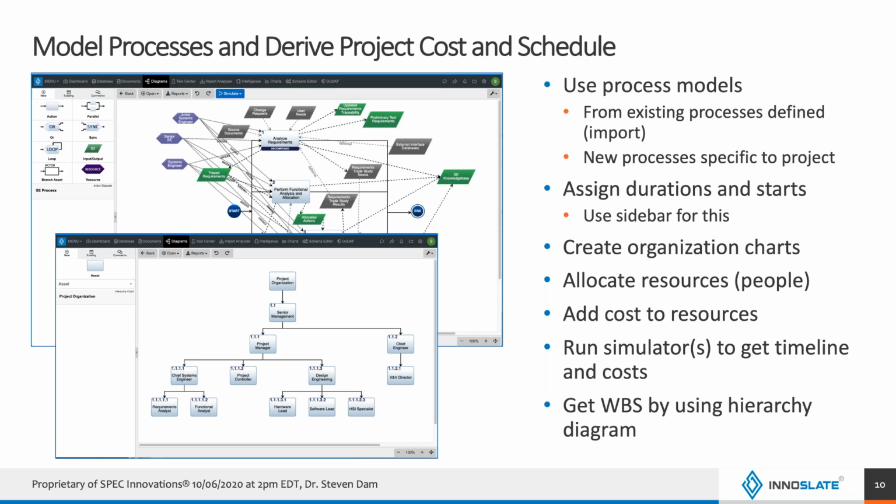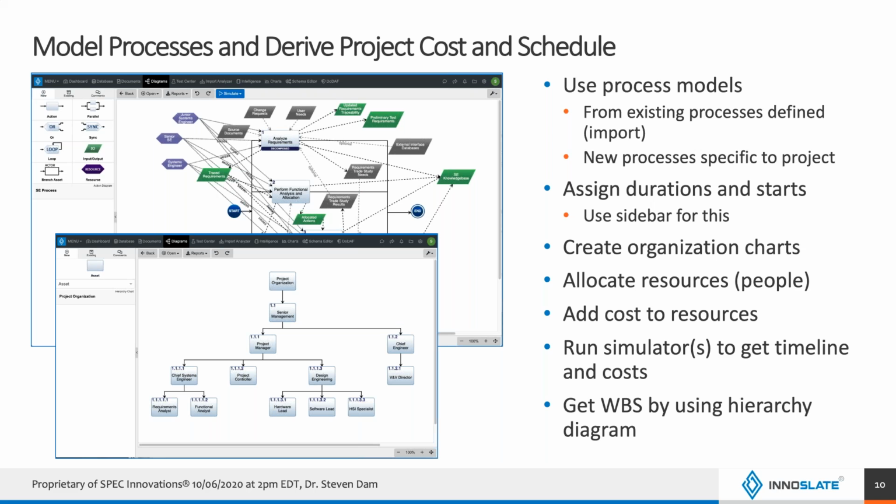Also, another thing that we recommend is doing process modeling. Now, we coined the term model-based program management, and haven't heard that really used a lot, but we use that term to represent that we can do what they told us to do back in the 50s.